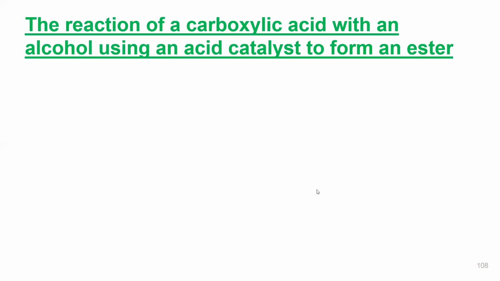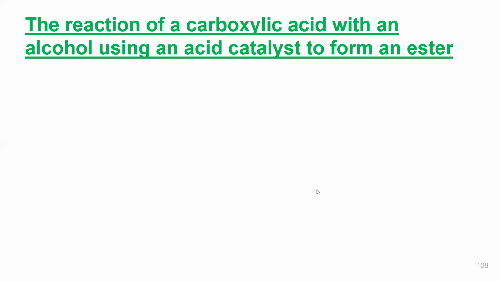So now give the heading esterification, the same chapter. Okay, done. Now, what is esterification? Reaction of a carboxylic acid with an alcohol using an acid catalyst to form an ester.